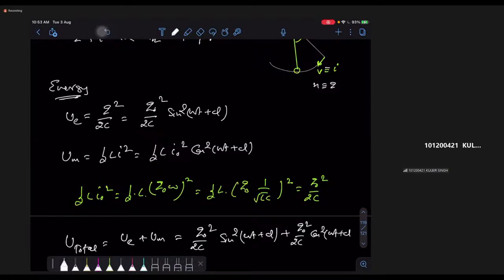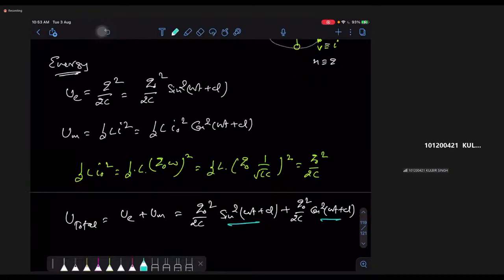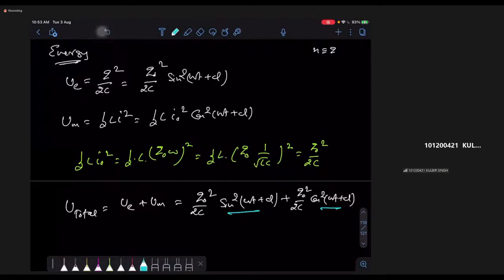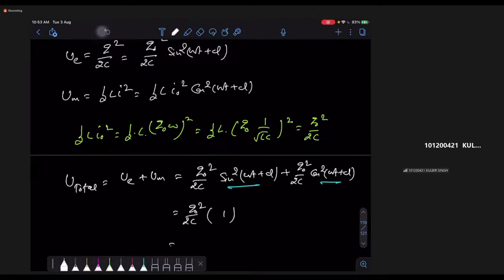So when the amplitudes are the same, the factor of sine squared and cos squared will give me 1. That gives the factor Q naught squared by 2C, or Q naught squared by 2C, which also equals half L I naught squared.